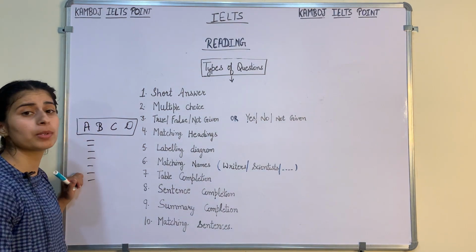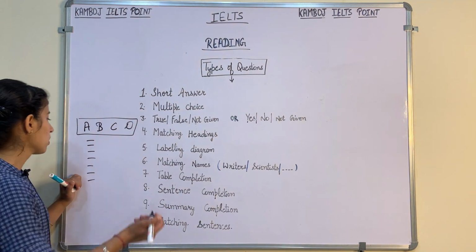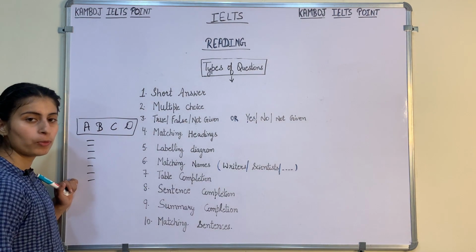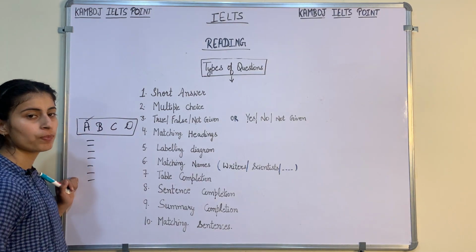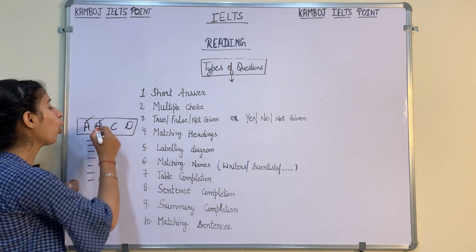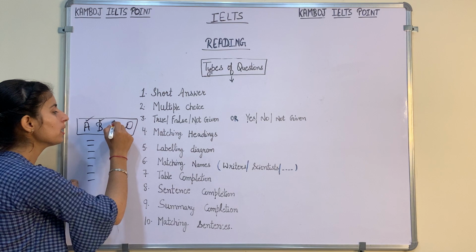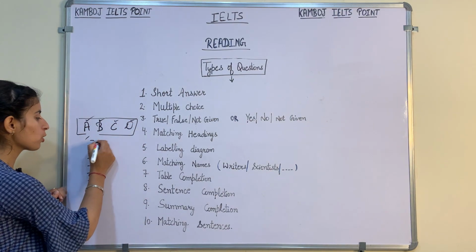The options can be 6 or 5, so it's up to the reading that you will get. In this you have to find out which heading is appropriate for passage A, and which for passages B, C and D. So you have to choose 4 options from these.